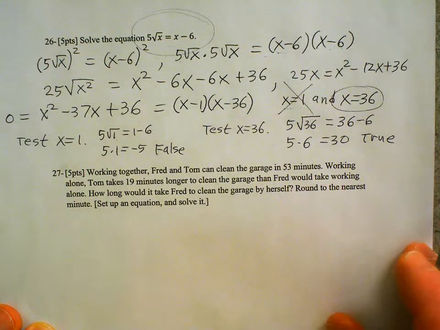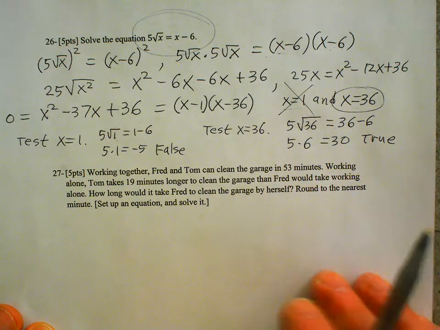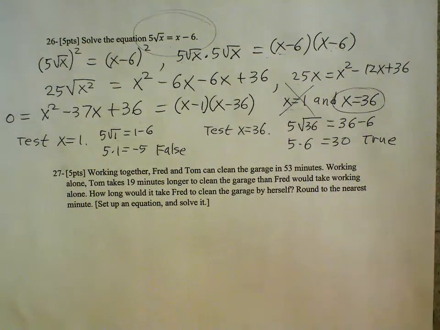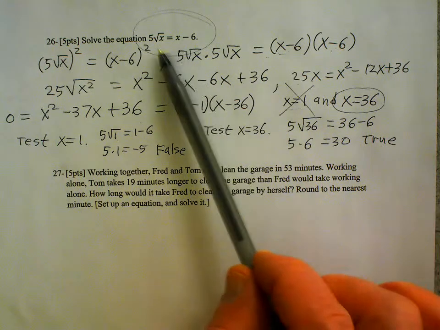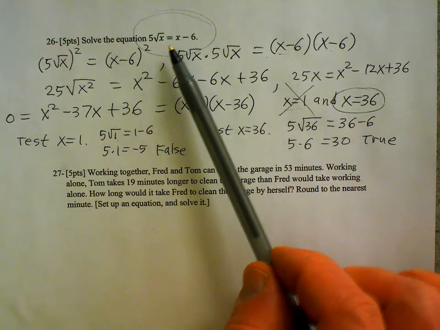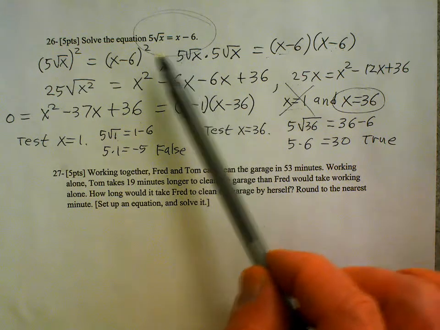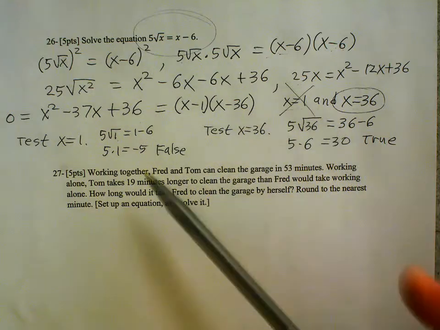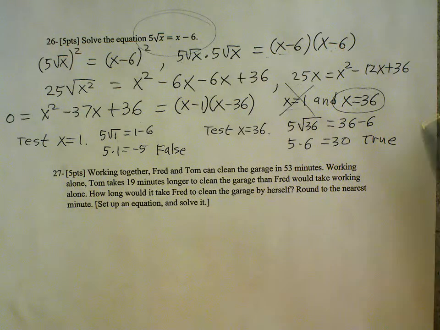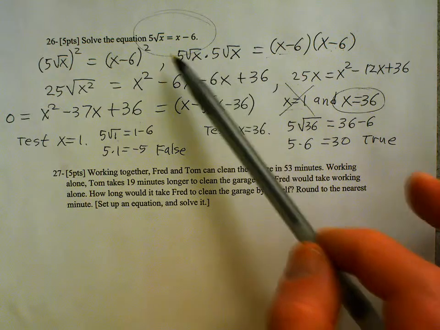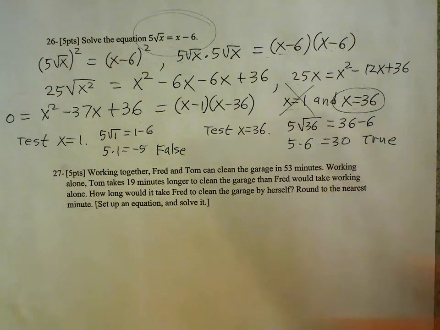So the only solution is positive 36. Well, you might remember seeing examples of equations with square roots where all of the candidates are solutions. But you should always check to make sure.